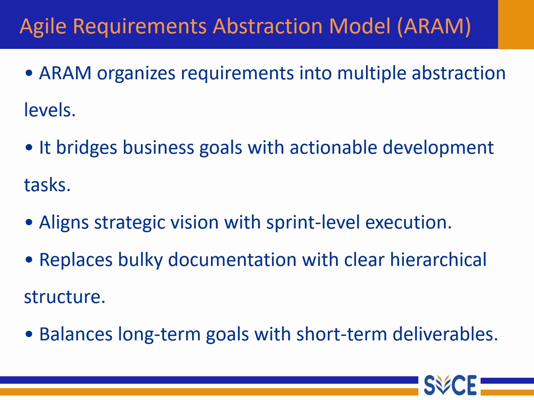So we are going to see the Agile requirements abstraction model, which organizes requirements into multiple abstraction levels. These levels bridge the business goals with the actionable development tasks, and this aligns the strategic vision with the sprint level execution.